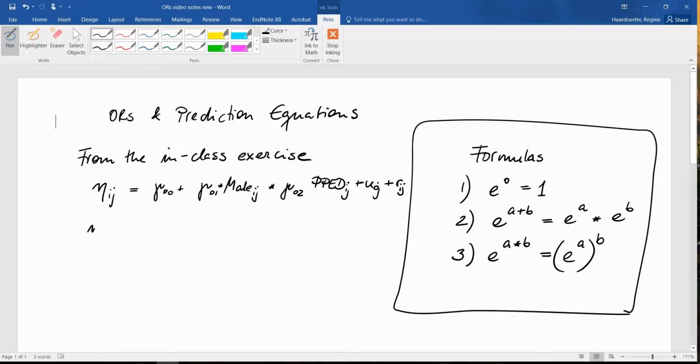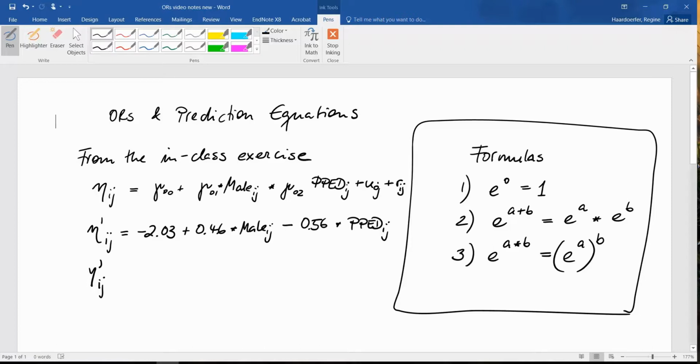So from the output of that model, we could write the prediction equation as being negative 2.03 plus 0.46 times male ij minus 0.56 times pre-primary education ij. Now if we want the prediction equation for y, we have to take the exponent of both sides, the left and the right side.